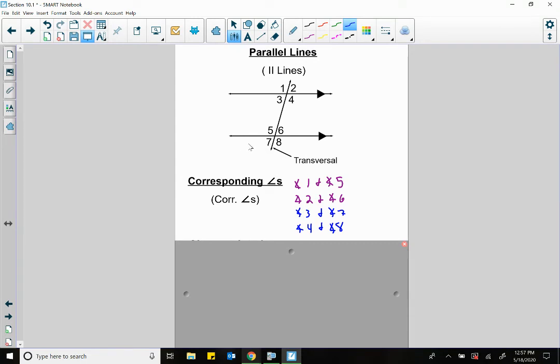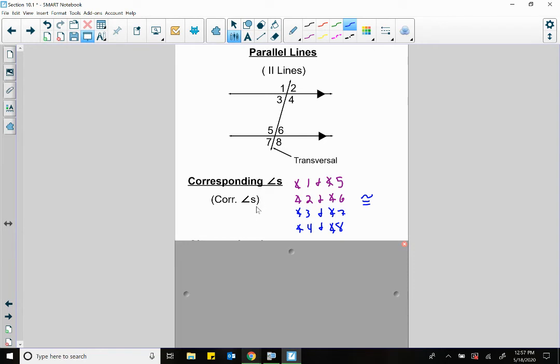I call these angle hopping ideas because they allow us to relate the top 4 angles to the bottom 4 angles. It's really cool. Okay? What is cool about corresponding angles is that all corresponding angles are congruent. So whatever angle 1 measures, that's the same angle measure as angle 5. Whatever angle 4 measures, that's the same angle measure as angle 8. So corresponding angles are always congruent.